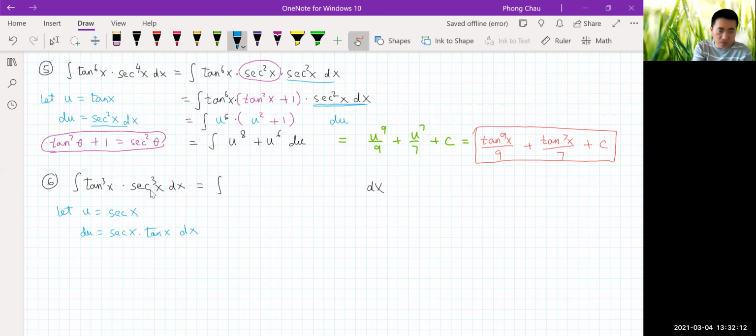So what you're going to do is rewrite that as, instead of tangent cubed, tangent squared times tangent, and instead of secant cubed, secant squared x times secant x.